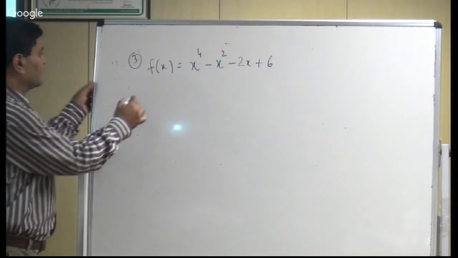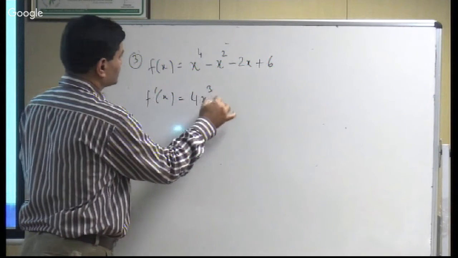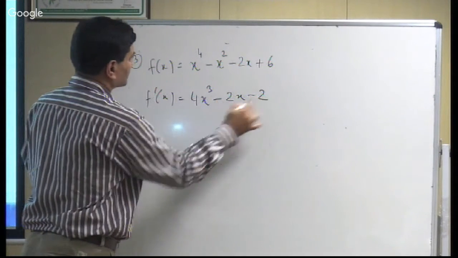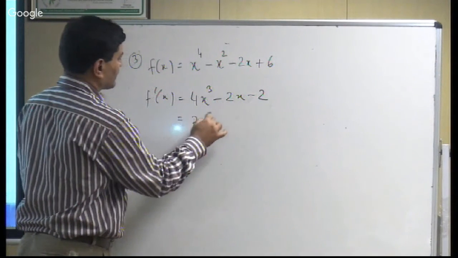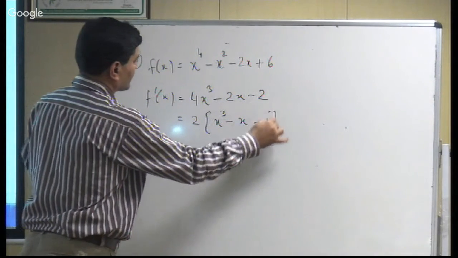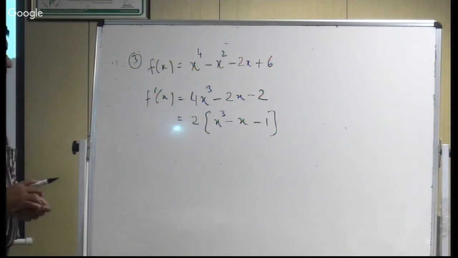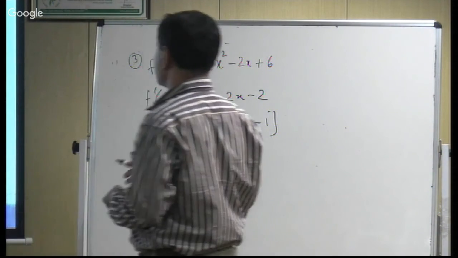What is the derivative? x^4 minus x^2 minus 2x plus 6.